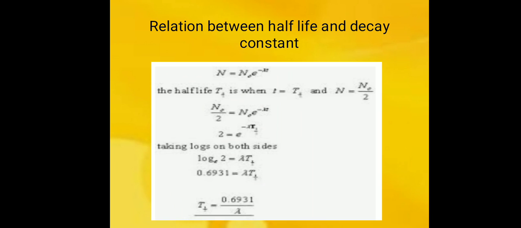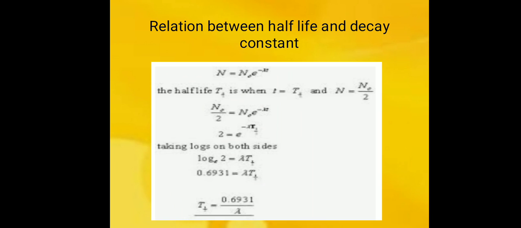Clear? Now this e raised to minus lambda T half, we can write it as 1 by, since that minus sign is there. So on both sides, 1 by 2 is equal to 1 by e raised to lambda T half.